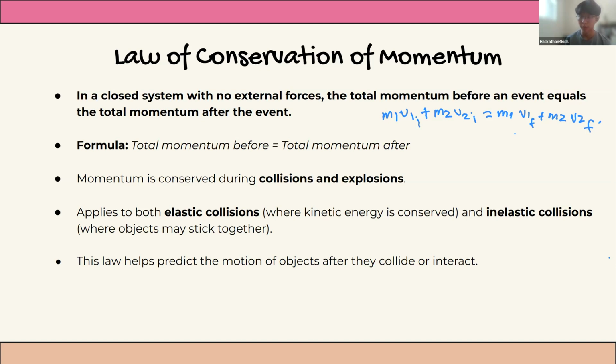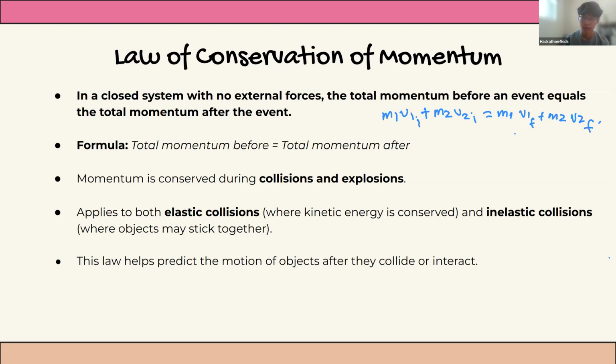Let's say both of them are initially at rest, and then they push apart. So one skater moves in one direction and the other moves in the opposite direction, but the total momentum will remain zero, just as it was before they pushed off, when they weren't moving. So their total momentum will always stay zero.